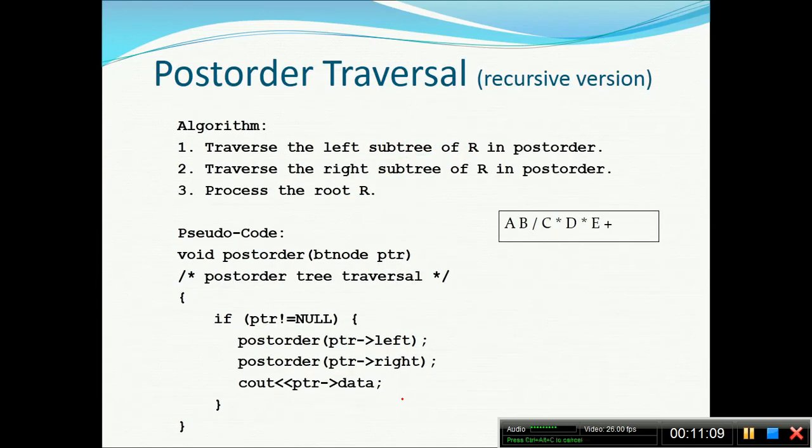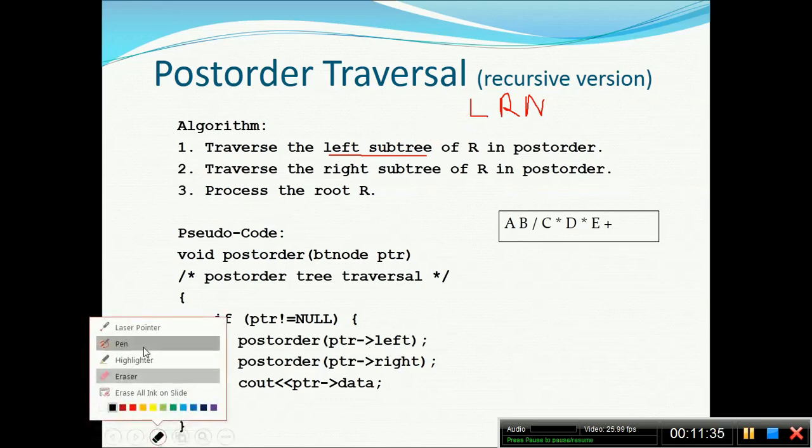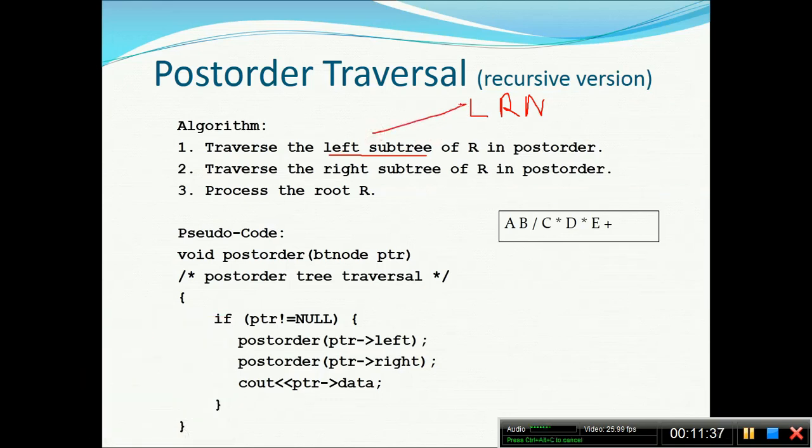Okay, now for the last time we will try the post order traversal. That is left subtree and the right subtree and then the node. See, all the versions we are reading here are the recursive way. We are just calling the function on its own. Left subtree, then the right subtree.